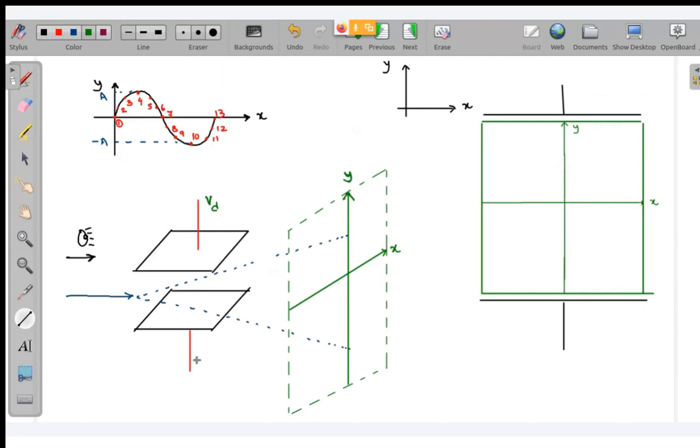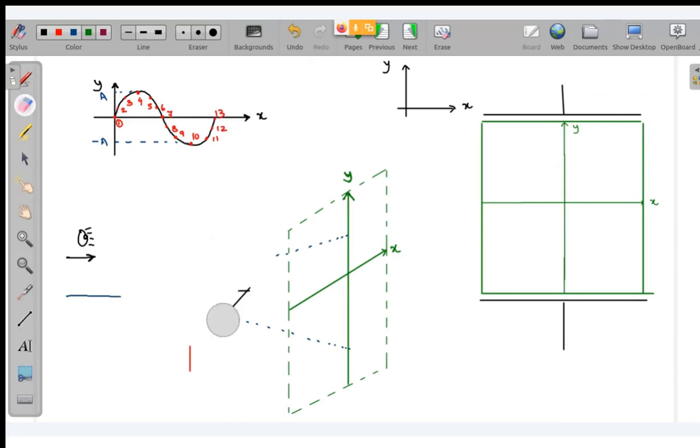See, now I remove this part. Okay, I remove this. Okay, fine.